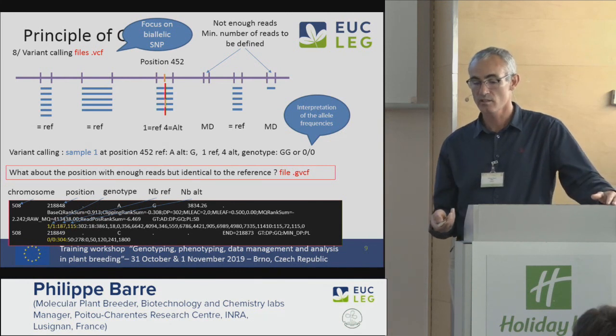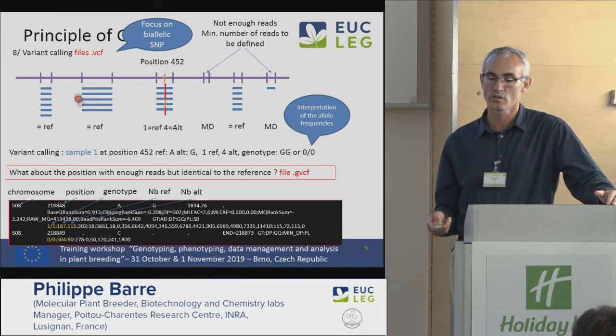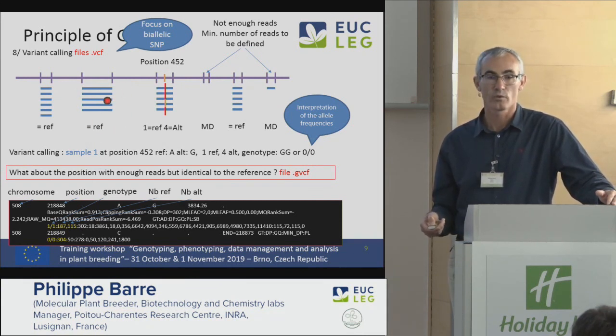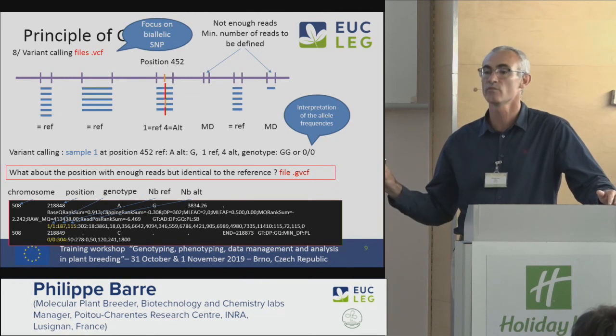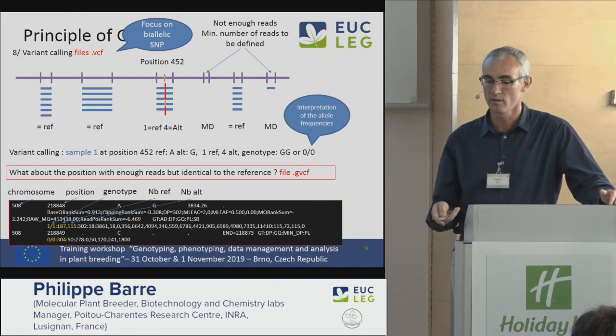But you see that when you do that, you lose the information that here you have enough reads to call, but it's monomorphic. But you lose this information for this sample. But maybe in another sample, you will have a different allele here, but you won't know it. It will be a missing data for this one.